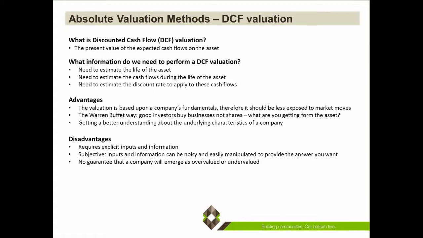Are we going to say that the life of the asset is 10 years, or 20 years? If it's a going concern, we need to build our model so that it is consistent if we're going to compare different companies. We need to estimate the cash flows during the life of the asset. And the cash flows are where the tricky part comes in, because there are different ways of estimating the cash flows of this asset. And then we need to estimate the discount rate that we're going to apply to these cash flows.